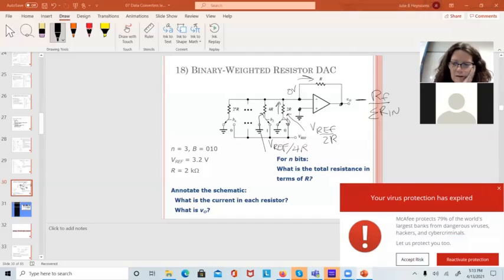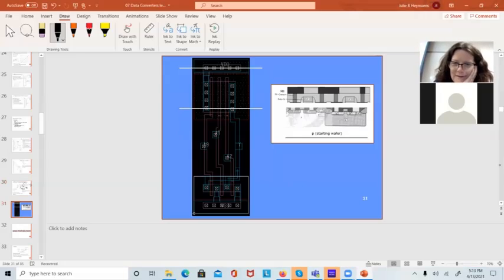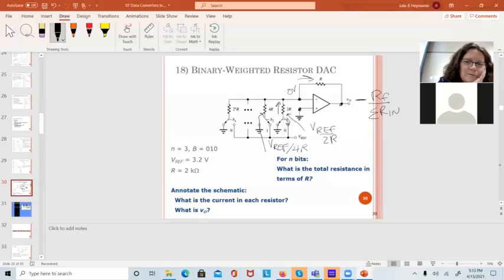How many different, the total resistance in terms of R, for N bits, it would be 2 to the N times R, which would be our most significant bit.